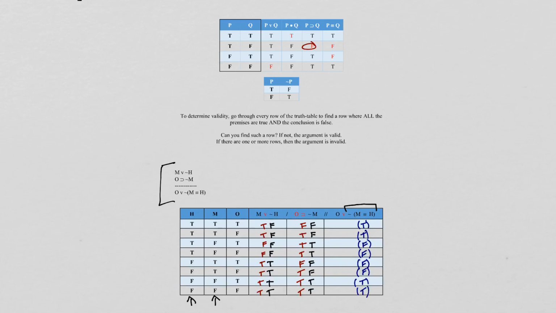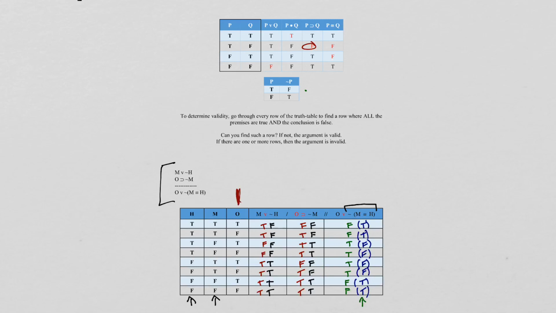Okay, now we need to deal with the tilde. So everything in this column, we got to flip, because that's what that little box right there tells me to do. So false, false, true, true, true, true, false, false. Okay. Almost done.